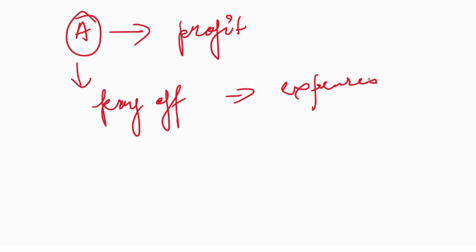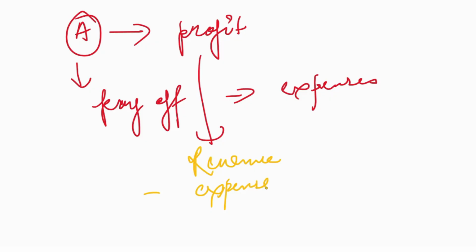But for commerce students like us, we know this, right? We know that profit is not just cash, or it's not just something that is connected with the cash. So what is profit? Profit is basically revenue minus expenses, right? And this comes to profit.